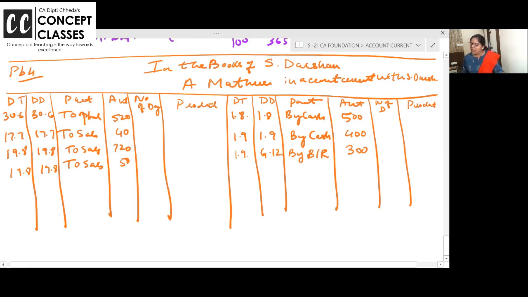Yes. Now, goods are bought from him. We have purchased the goods from him. Again, goods are sold. 12th of November. My pen is troubling today. 12th of November.